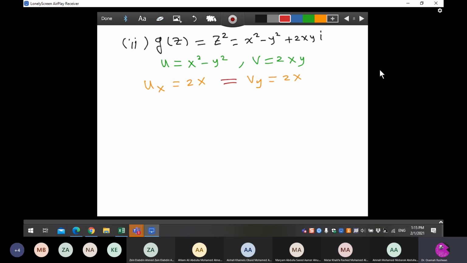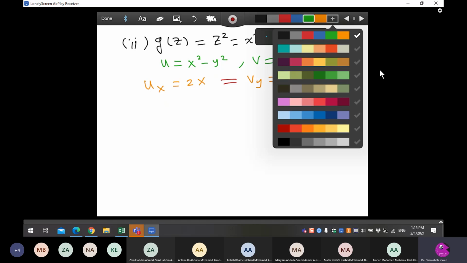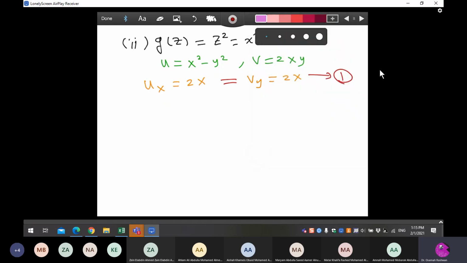So this is my first equation of Cauchy and Riemann. One for Cauchy, one for Riemann. Let's choose a nice color. I like colors. Go for uy equal to, x is a constant, so the derivative of x squared is 0 minus 2y. What about minus vx?